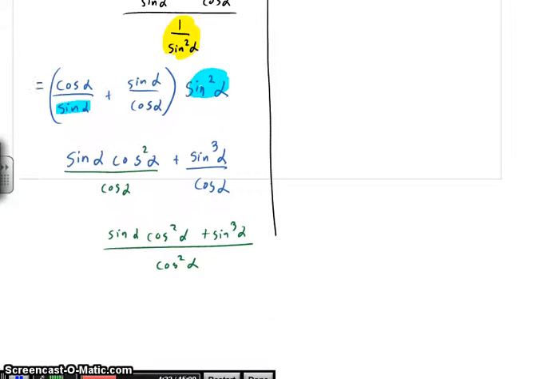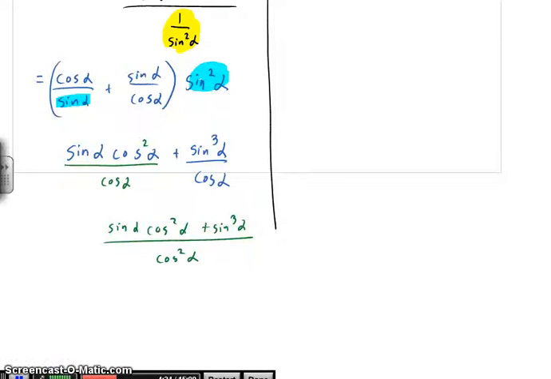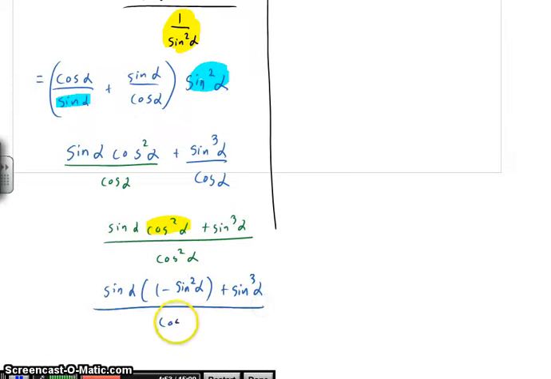Okay, so this is not really going anywhere very well. What can I do next? Maybe I should have done this before, I can change cosine squared into 1 minus sine squared. So I'm going to do sine theta times 1 minus sine squared theta, plus sine cubed theta over cosine squared theta.